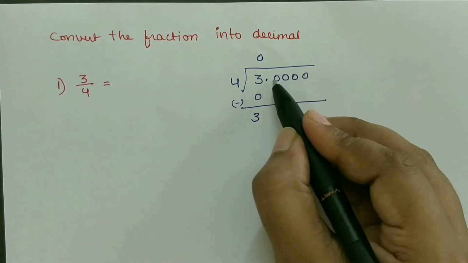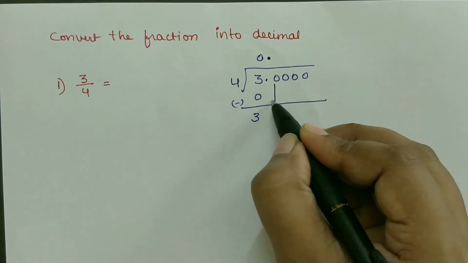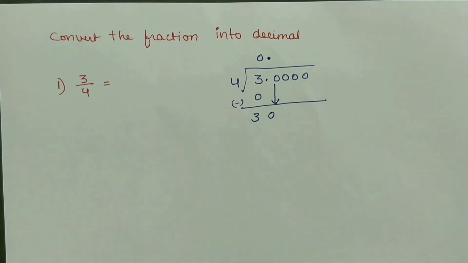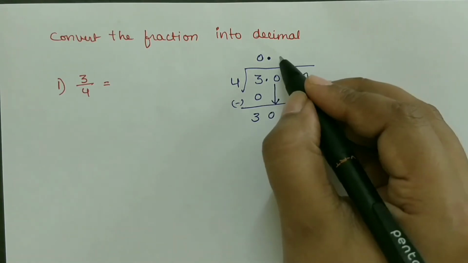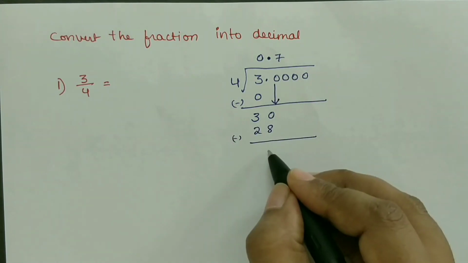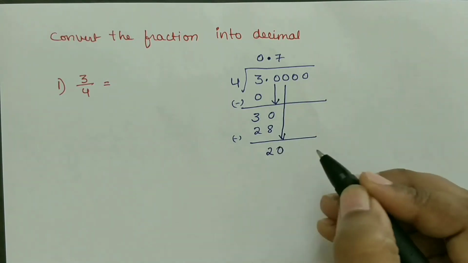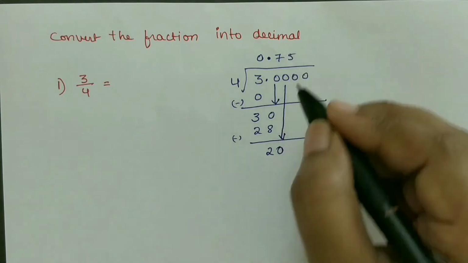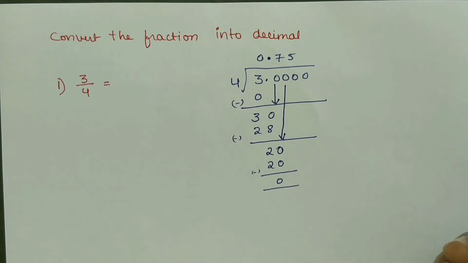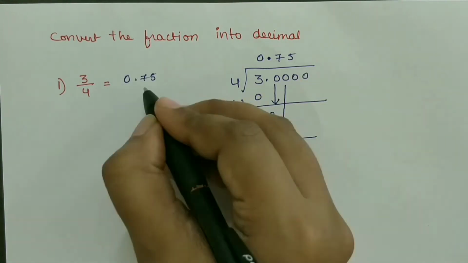Before entering into the decimal part, put a decimal point and now we can bring down the digits in the decimal part. So 4 sevens 28, remainder 2, bring down 0, 4 5s 20, remainder 0. So we can stop the division here and it is equal to 0.75.